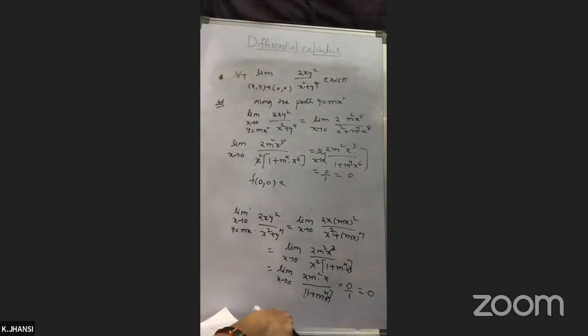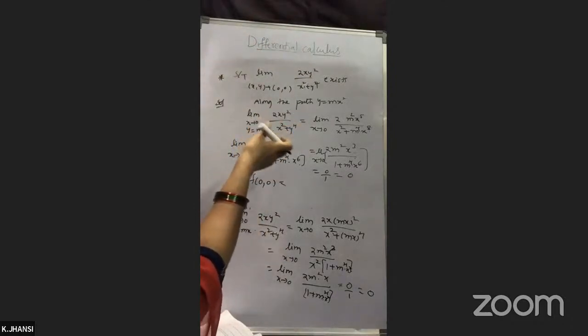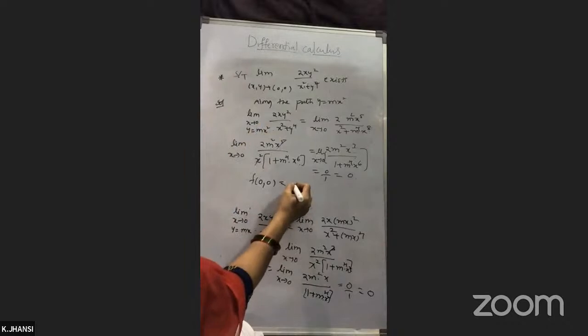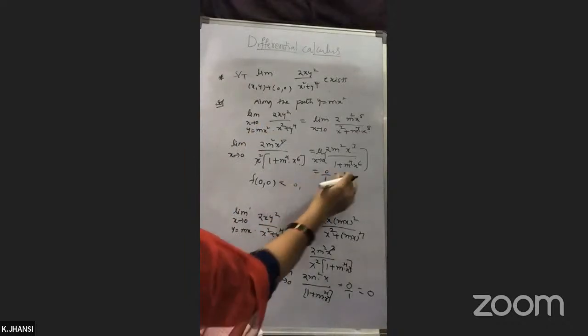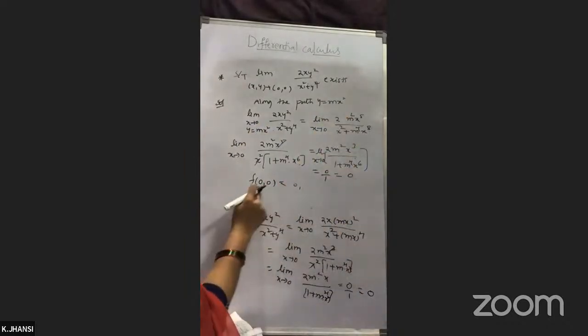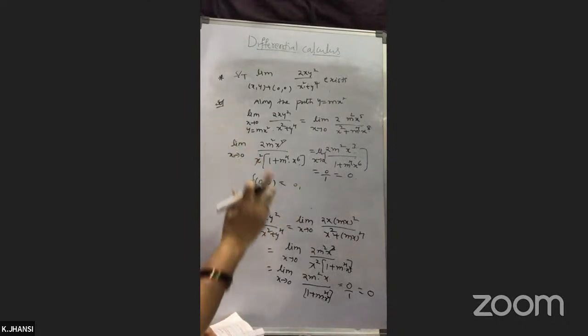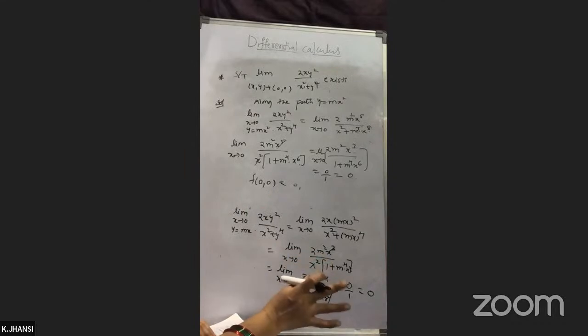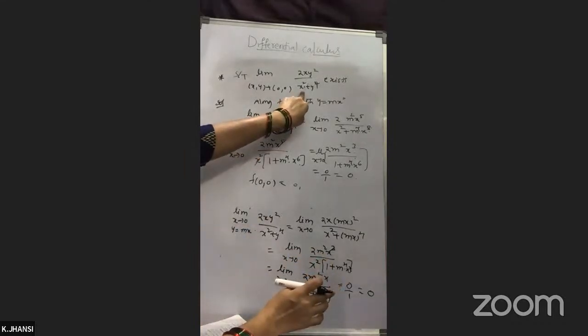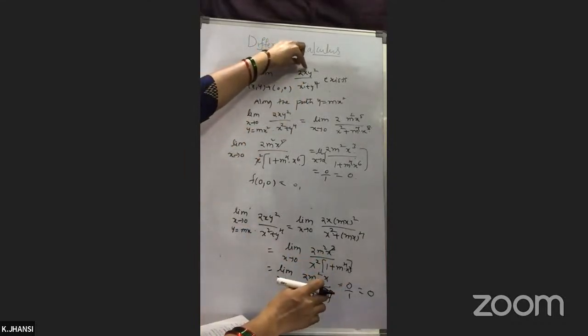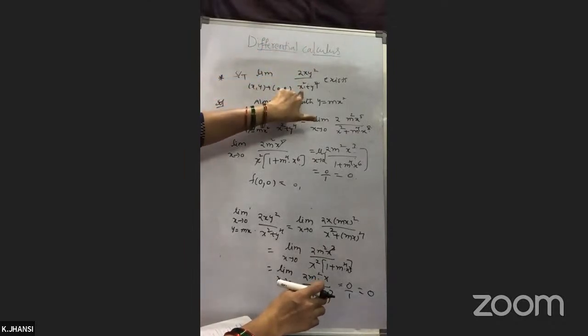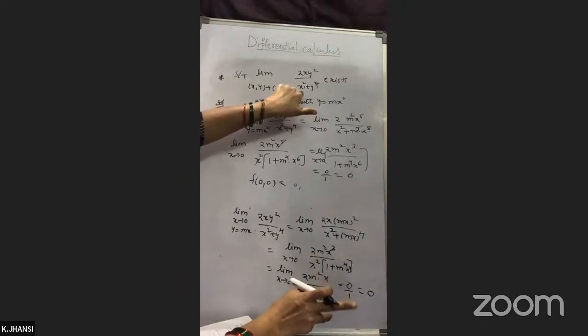If you get the limit value and the f of 0 comma 0 value the same, then the given function will be a continuous function. Here it is not a continuous function. Why? Because if you substitute x value and y value, the numerator is 0 and the denominator is 0, so it is an undefined form.